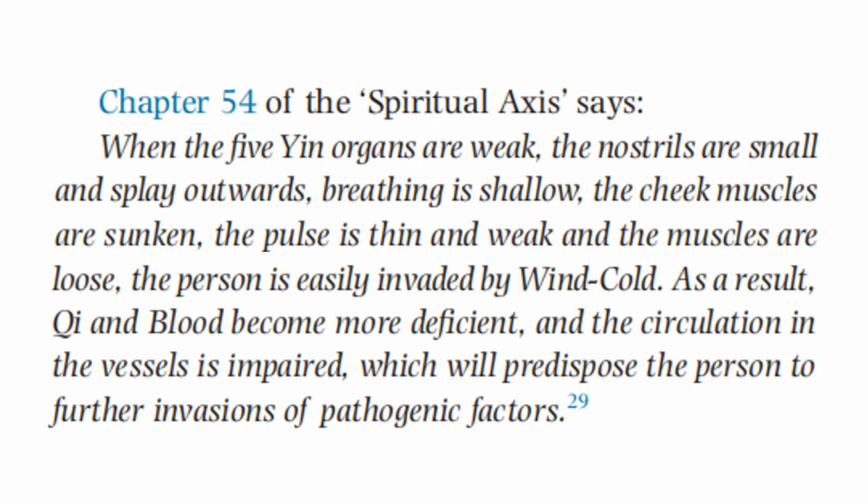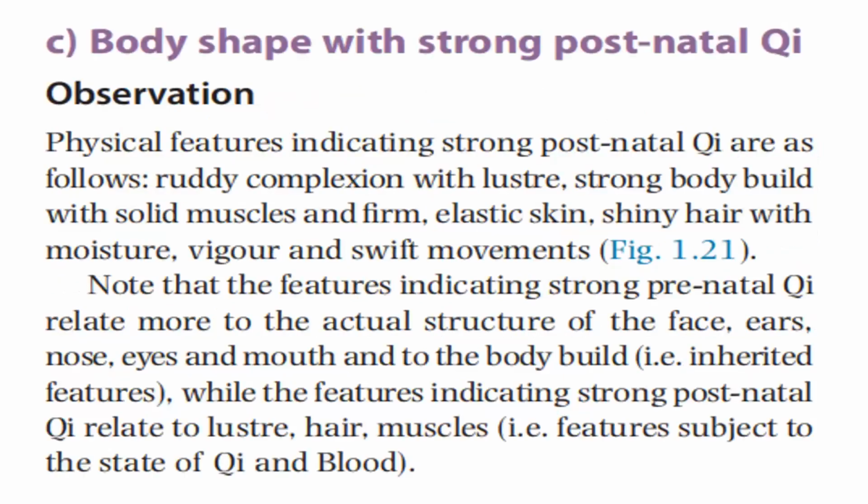Letter C, body shape with strong postnatal qi. The physical features indicating strong postnatal qi are as follows. Ruddy complexion with luster, strong body build with solid muscles and firm, elastic skin, shiny hair with moisture, vigor, and swift movements.